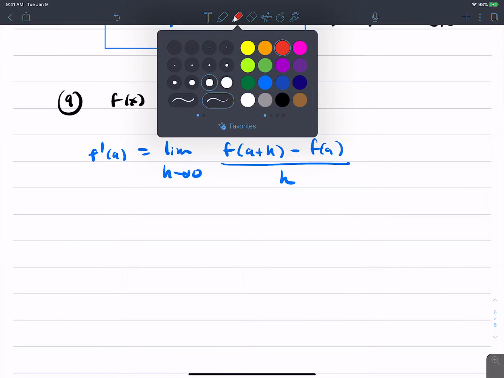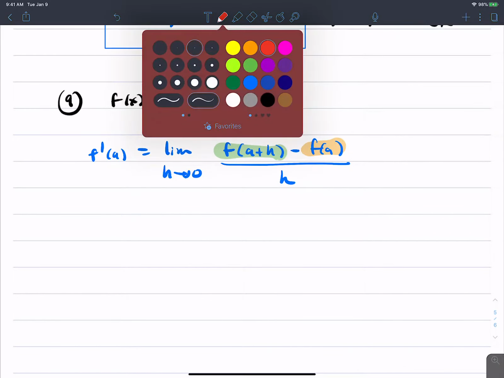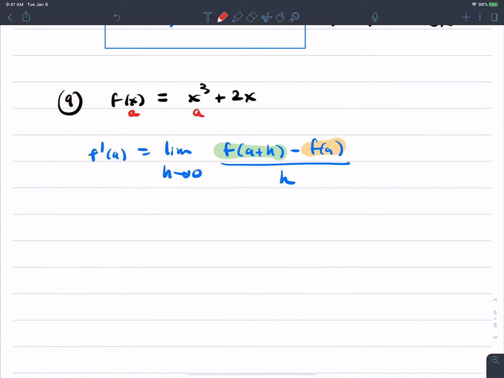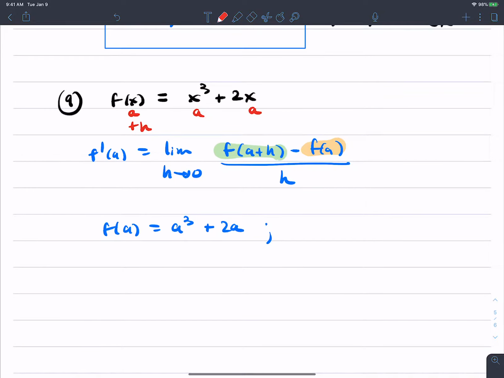Remember here, we got the green, got the orange. I'm not sure if I'm using the same order of colors, but it doesn't really matter. Plug in the a wherever there's an x. You get f of a being a cubed plus 2a. Then you can plug in a plus h. And here's what you get. F of a plus h will become a plus h cubed.